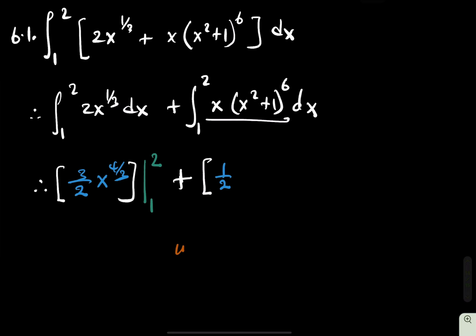Yes, I think it's 1 over 14 now. So that is 1 over 14 u to the power 6, close that, and the bounds are from 1 to 2 as well.